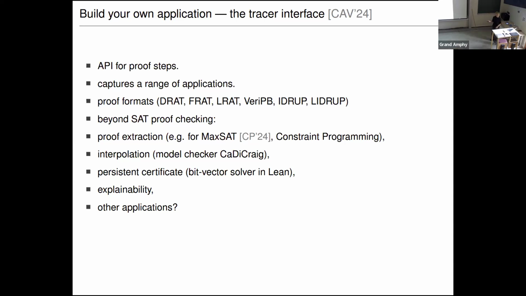We've also heard yesterday that in constraint programming they also use CaDiCaL, so I'm not sure if you're using the tracer interface, but this might be helpful. We are now. I didn't realize until Matthias taught me, this is something we could use, but yeah, that's cool. Since these are resolution proofs, you can also do interpolation.